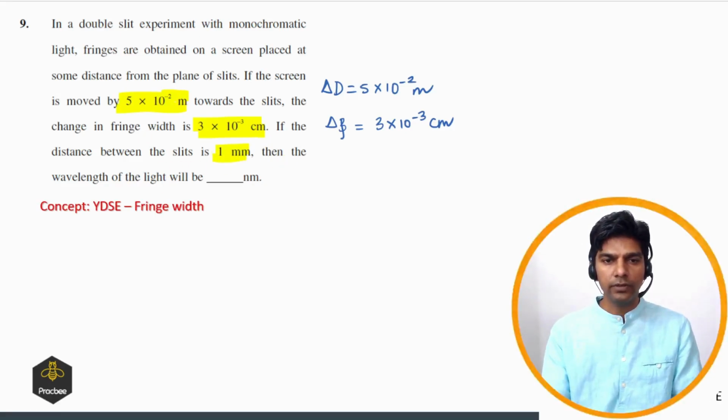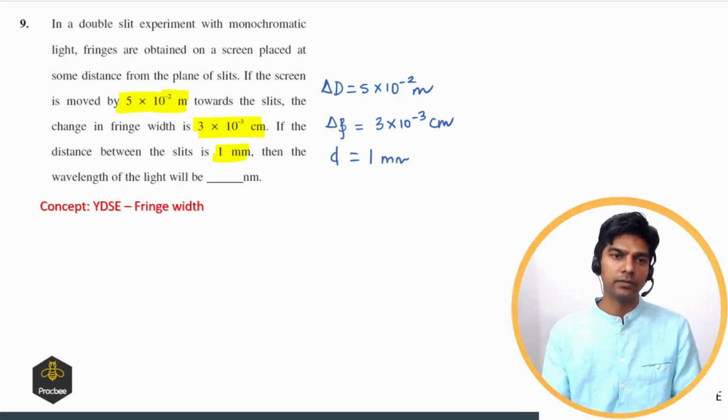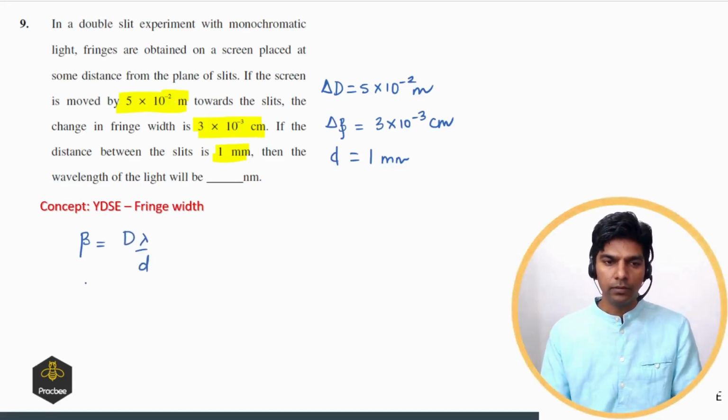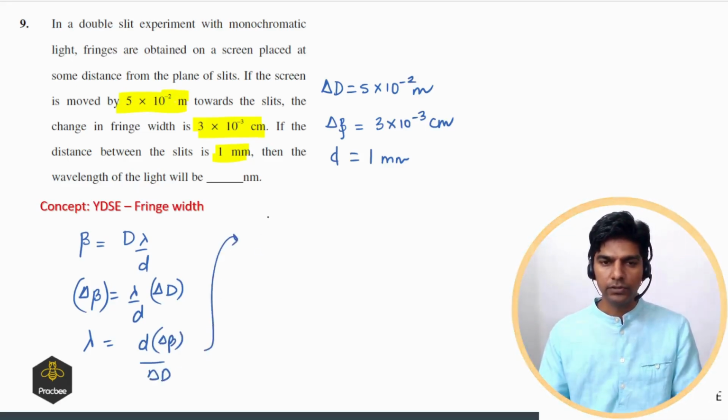So we have been given small d as 1 millimeter, and we have to find the wavelength. We know that beta is D lambda by small d, or we can write this as delta beta equals lambda by d times delta D. From this we can say lambda will be d times delta beta divided by delta D. Now let us put the values.